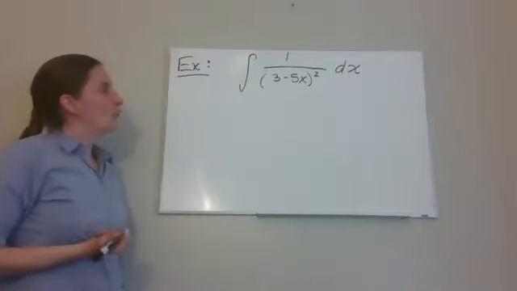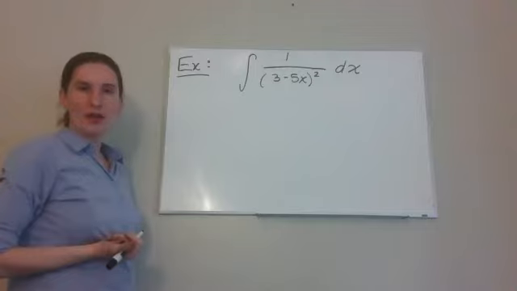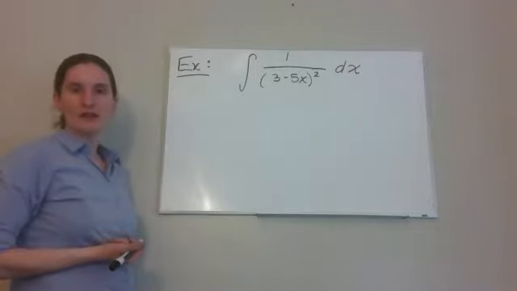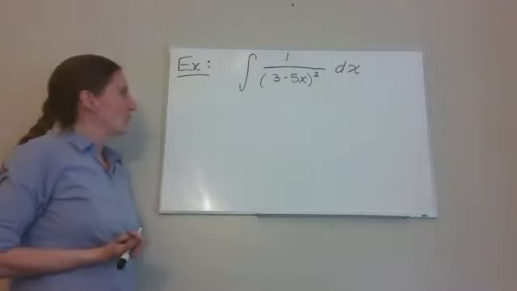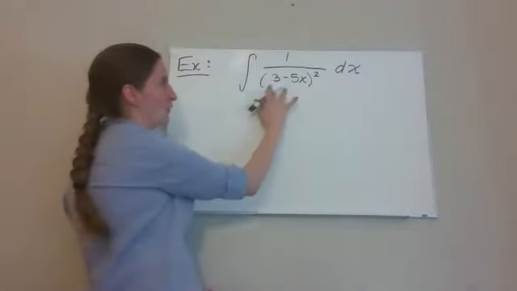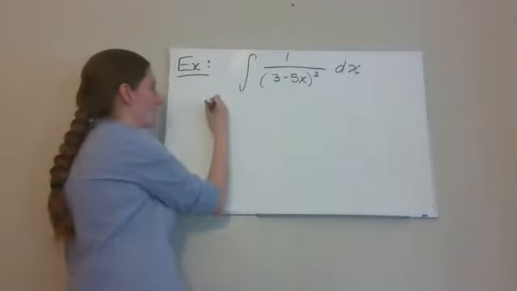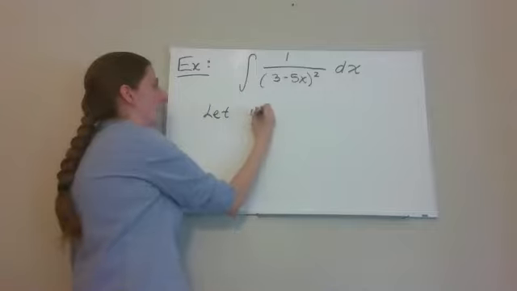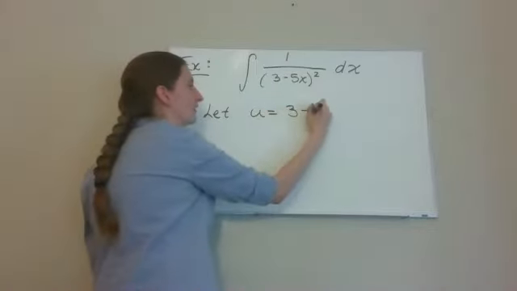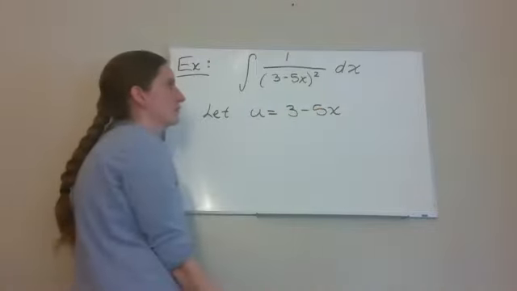Here I have 1 over 3 minus 5x squared dx. So you might guess, since I have a bunch of stuff inside of parentheses, that we should let u equal the stuff inside of the parentheses.